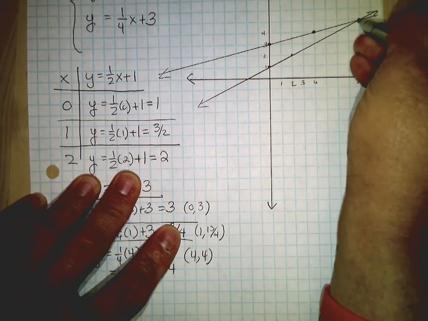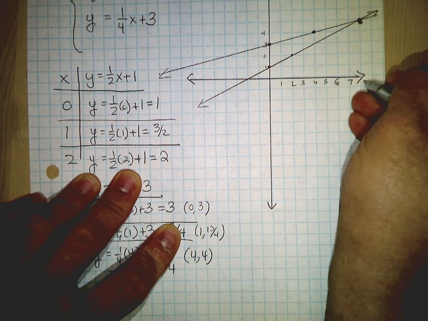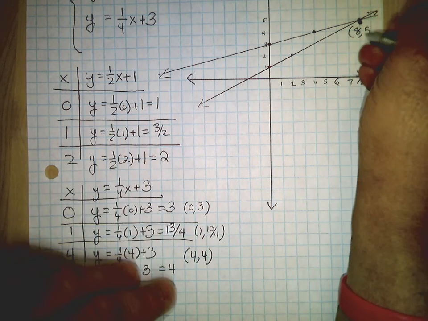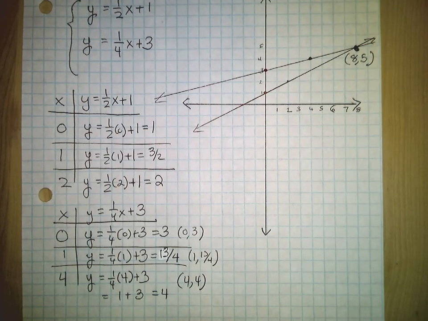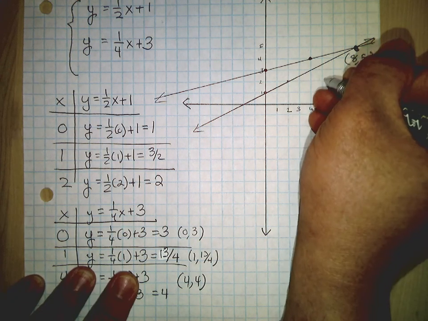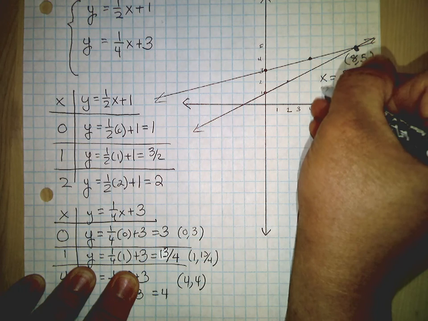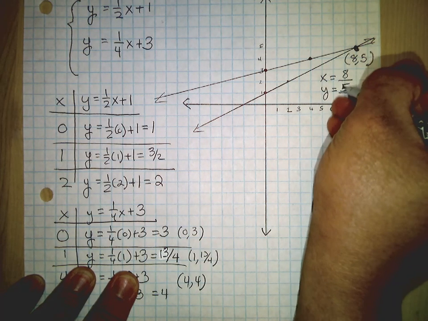It's right here, and so that will be at 8, 5. All right, so hopefully that all makes sense of where that is coming from. So if the problem asks for x, you would say the answer is 8. And if the problem asks for y, you would say that the answer is 5.